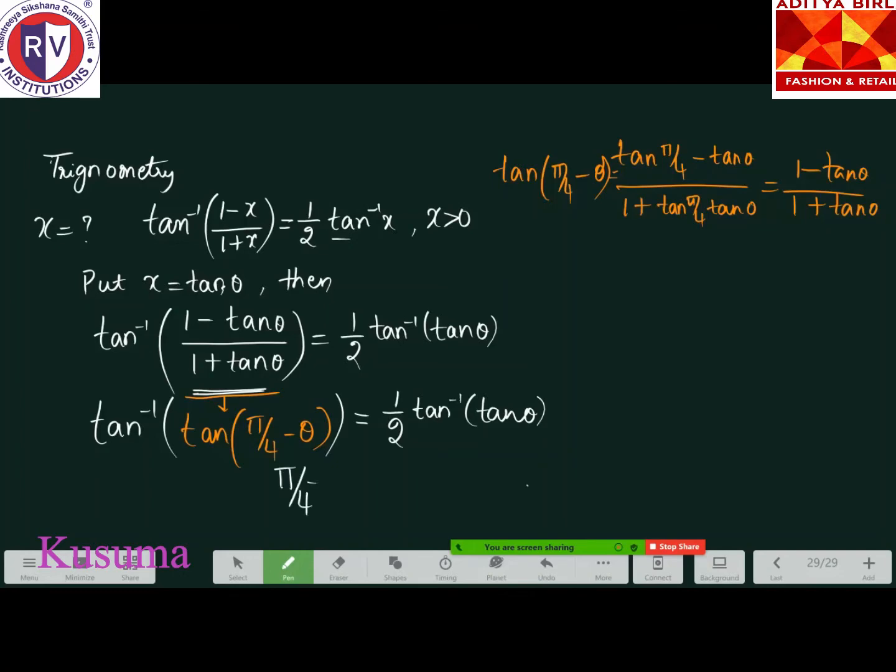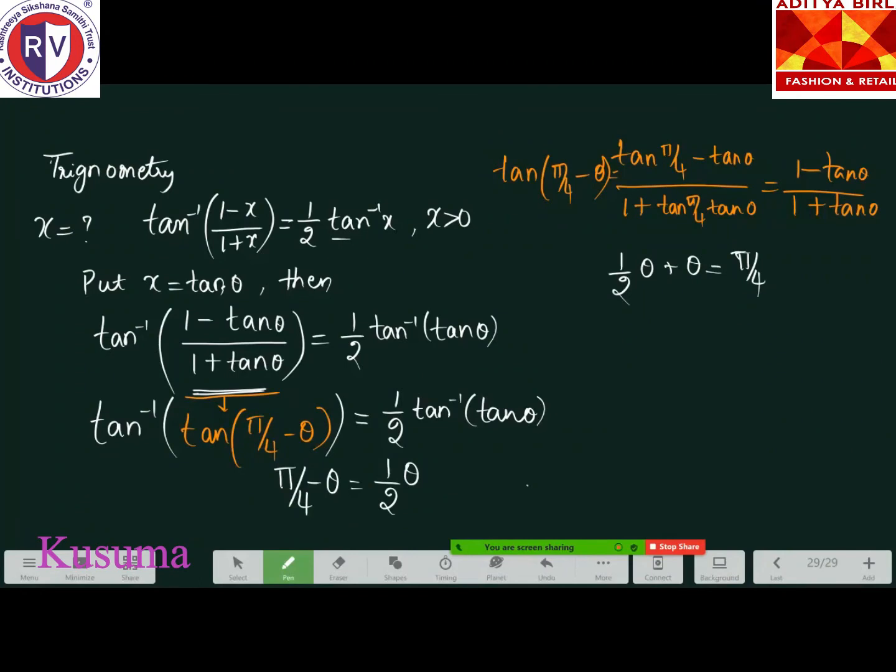So this is pi by 4 minus theta is equal to 1 by 2 into theta. Let us take all the terms having theta to one side: 1 by 2 theta plus theta is equal to pi by 4, right?